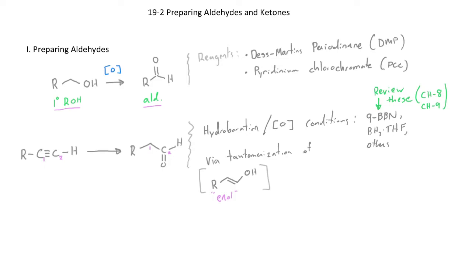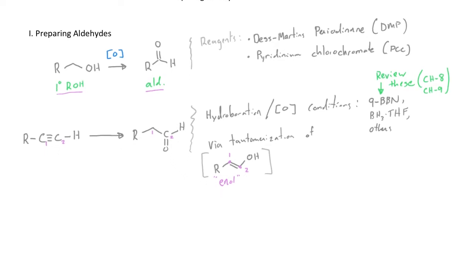We learned that this is possible because hydroboration oxidation produces an anti-Markovnikov alcohol. However, in the case of a terminal alkyne, it's not just any alcohol, it's an enol, and the enol tautomerizes to the aldehyde when the reaction is complete. So hydroboration oxidation of terminal alkynes is another very nice route that we have available to make aldehydes.